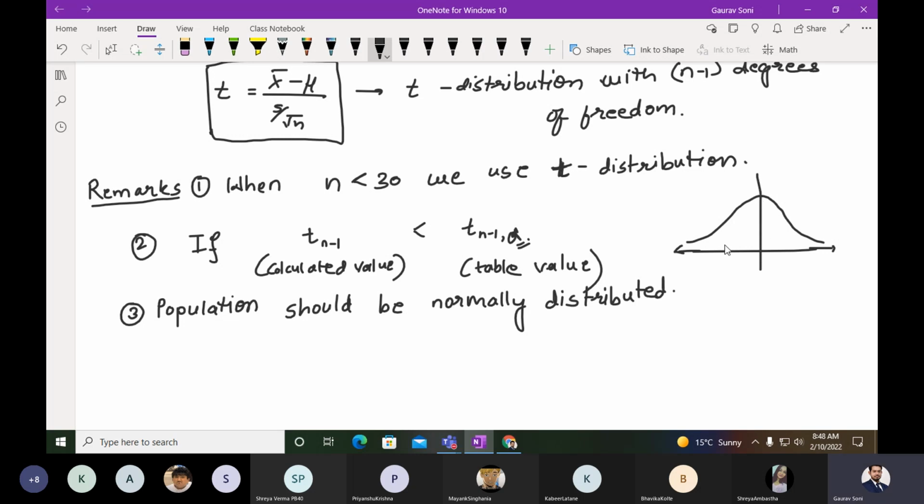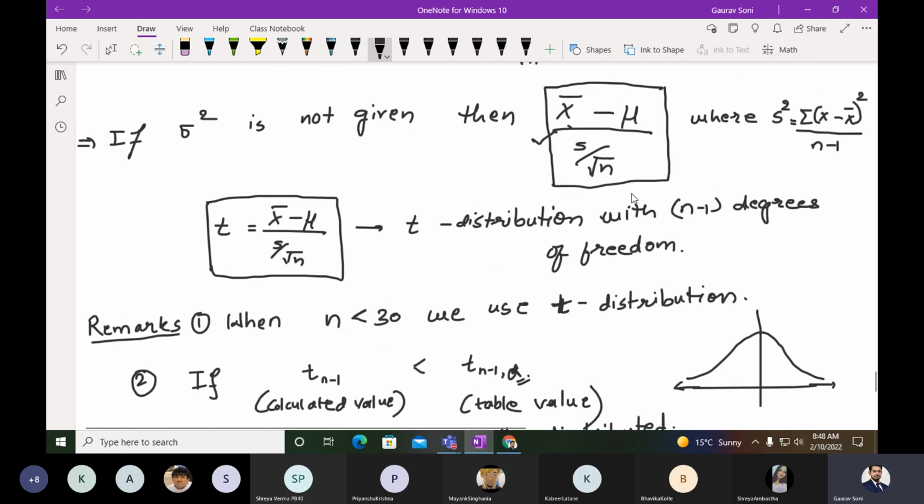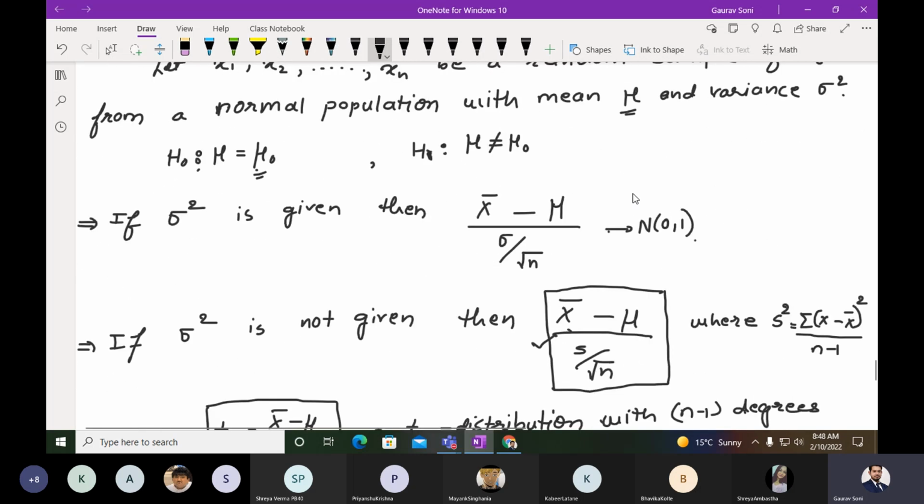Now, when I'm defining this alternative hypothesis, we talked about one tail and two tail. Say H1 I can write as mu less than mu naught, or mu greater than mu naught.